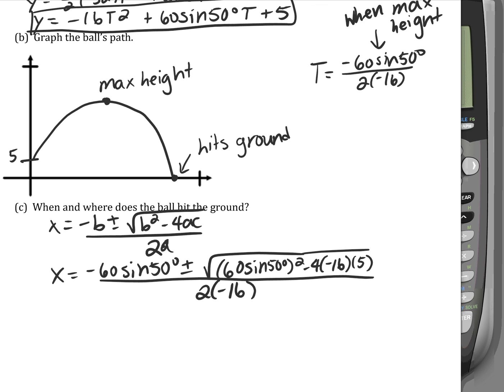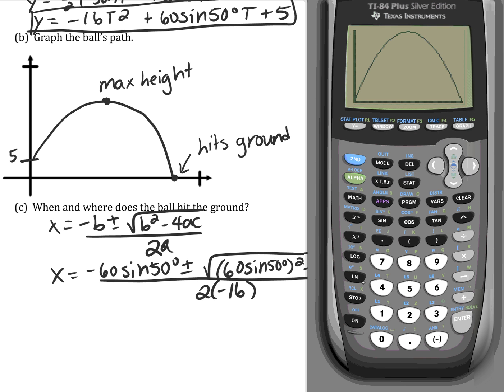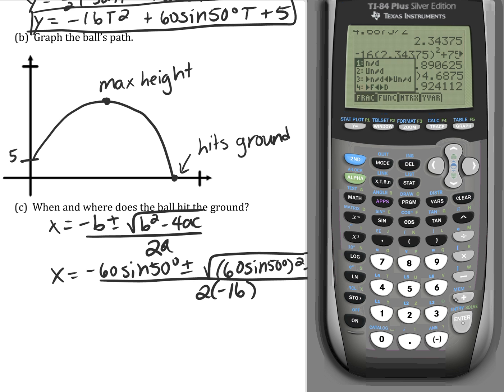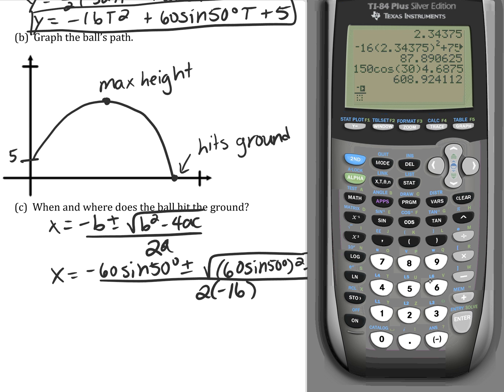All right, now I can plug this in pretty much all in one shot with the fraction tool. So let's do our alpha y equals negative 60 sine 50 plus, I will give you a hint after I do this of what you can do in the future. We want to square this whole thing.